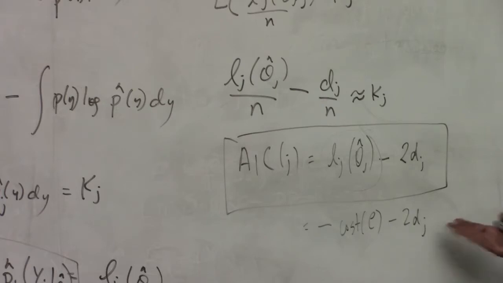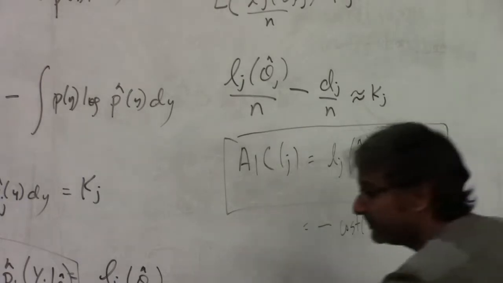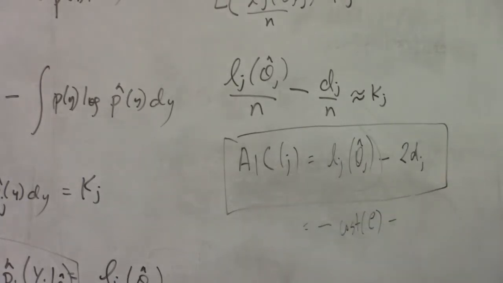But what is dj? dj is the number of parameters in the jth model. The jth model has j clusters, and they're all in R^d. So you need j times d parameters, because for each cluster center you have to describe d coordinates. So this is basically j times d. And you want to maximize this. So what you're minimizing is the cost of C plus J times D, because you're maximizing the negative of this, where J is the number of clusters.